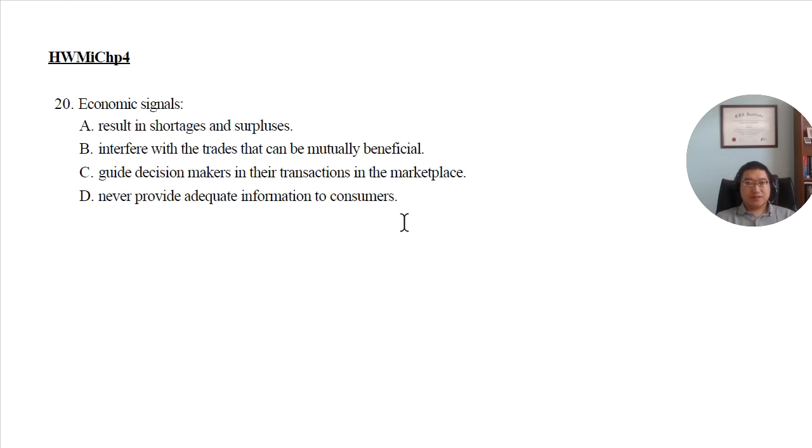All right, let's look at question 20. Economic signals is the price in the marketplace. That's what we are talking about. Okay, if that price is there, then mutually beneficial trades can happen. The market reaches equilibrium, there won't be shortages or surpluses, right? If there's a shortage, the signal will say what? The price is rising, and people want this stuff.